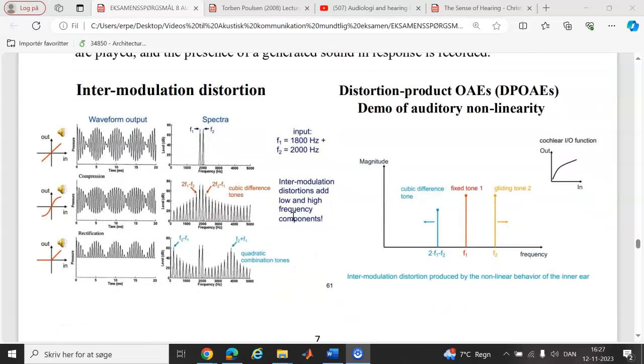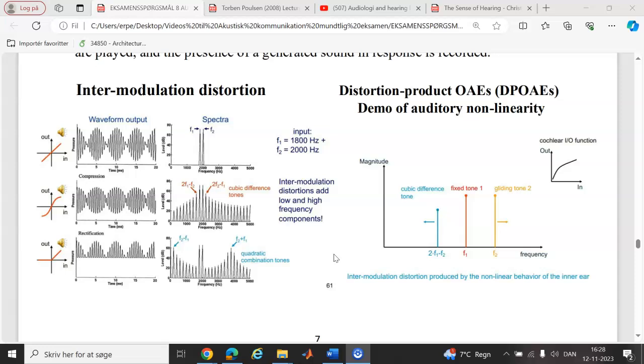So you have intermodulation distortion, where you have some waveform output and some spectra near each other, F1 and F2, 1800 and 2000 hertz, that's the input, and then we have some intermodulation distortions at low and high frequency components. Then we have quadratic combination tones.